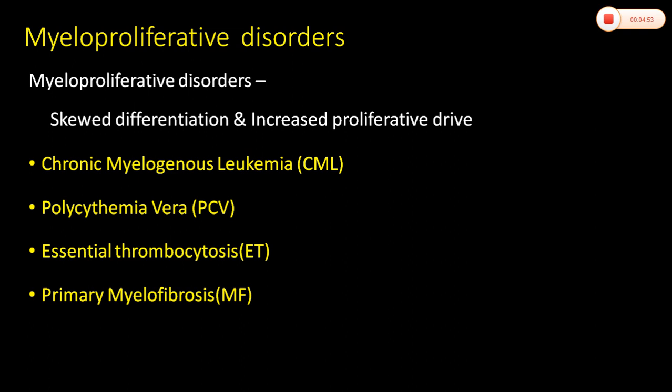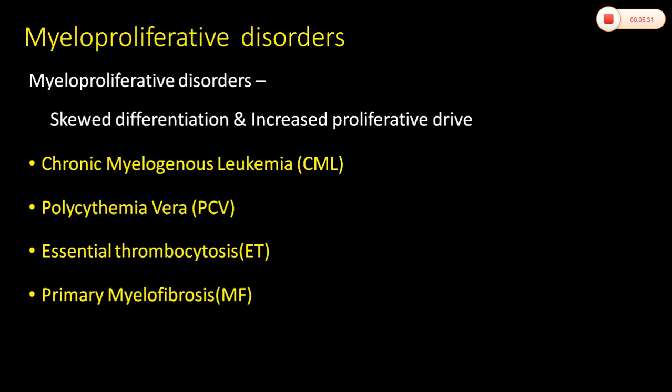When the precursor cell has picked up RBC lineage especially, the resultant disease is called polycythemia vera. When you dig into polycythemia vera, several contradictory statements will come up, but for the time being, remember RBCs are thought to be produced more in polycythemia vera, skewed differentiation. If platelets are produced in more amounts, that is platelet lineage is taken up here, then it is called essential thrombocytosis.